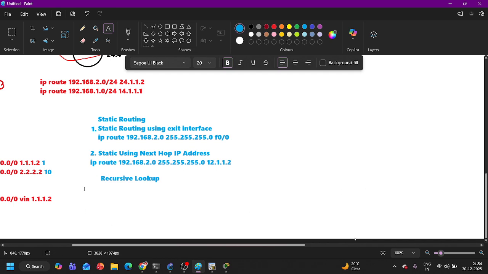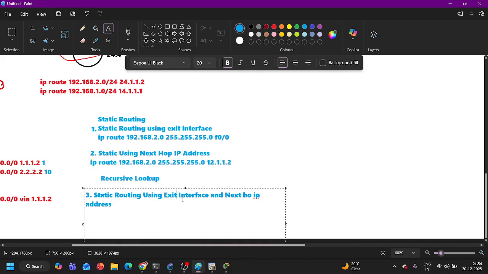Another way to configure static routing is static routing using the exit interface and next hop IP address.